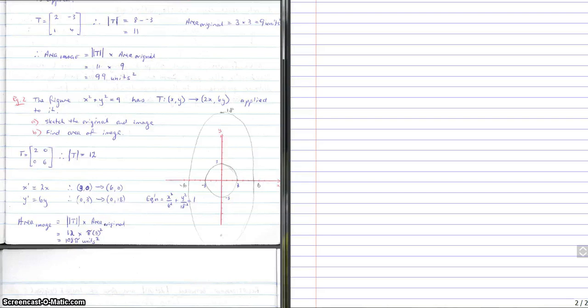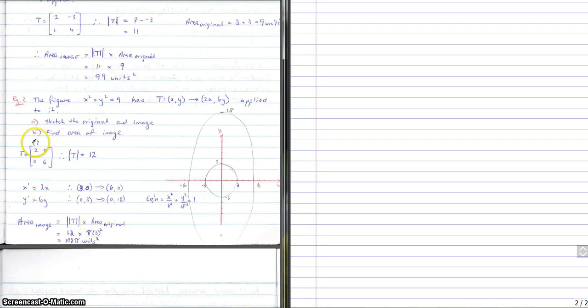Alright, so let's look then at applying this idea of the area and the determinant. The area of the image, you remember from before, is equal to the absolute value of the determinant times the area of the original. Now the area of the original we know is going to be pi r squared, so pi times 3 squared, or 9 pi.